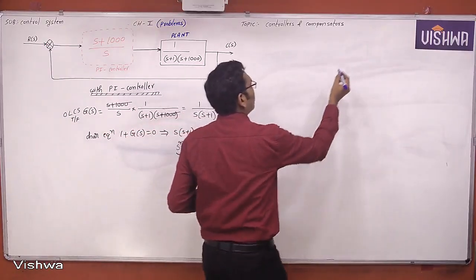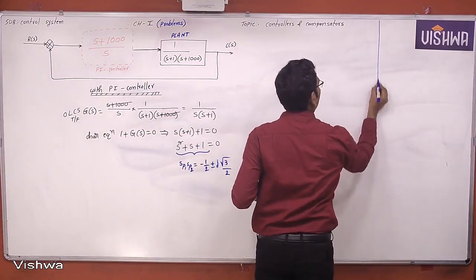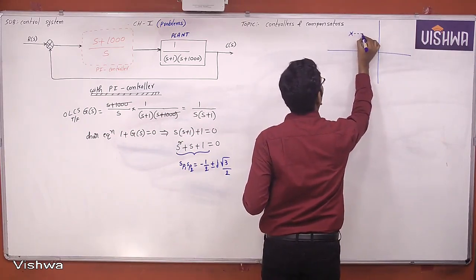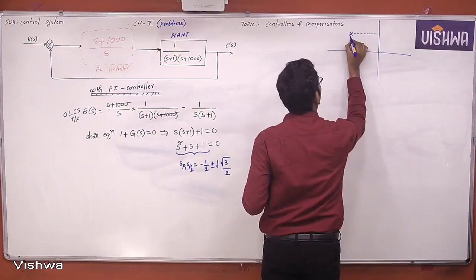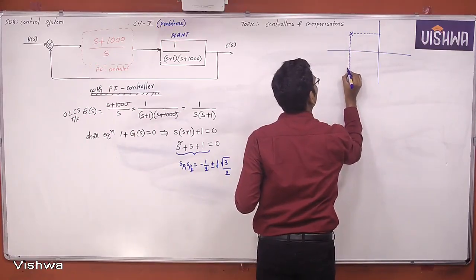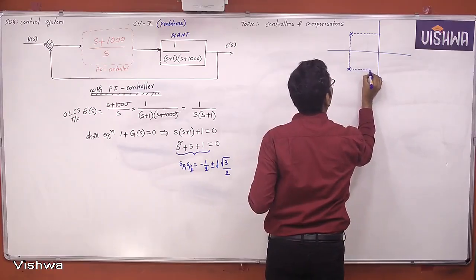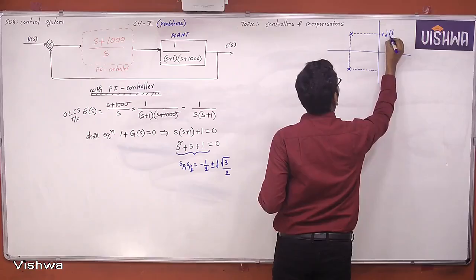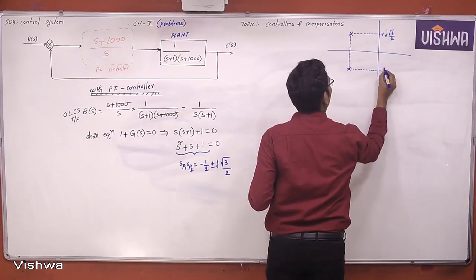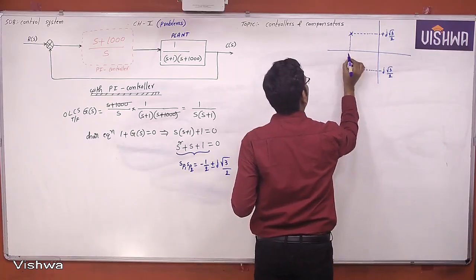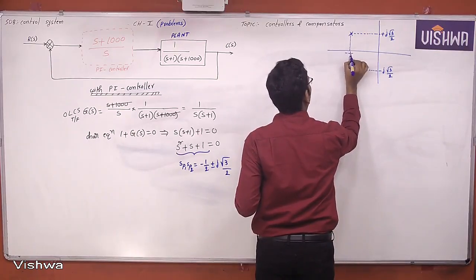These are the pole locations, complex conjugate poles: minus 1 by 2 plus j root 3 by 2 and minus 1 by 2 minus j root 3 by 2.